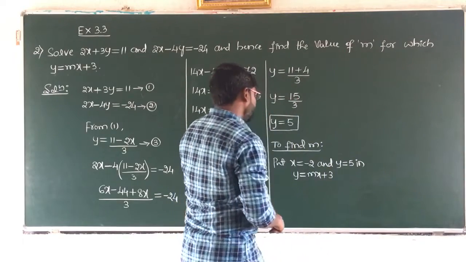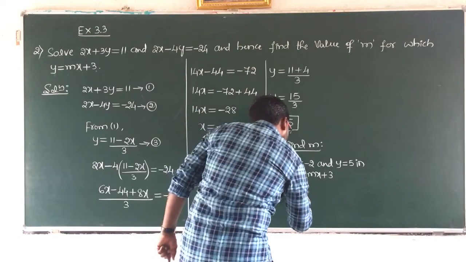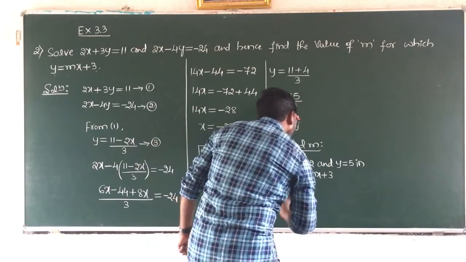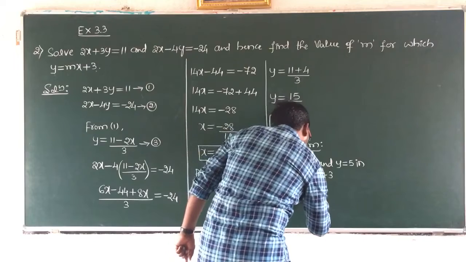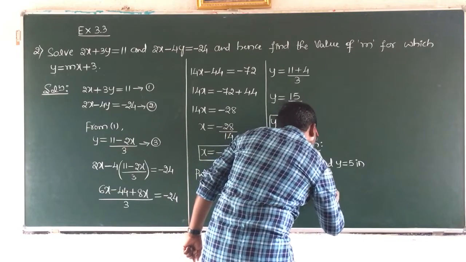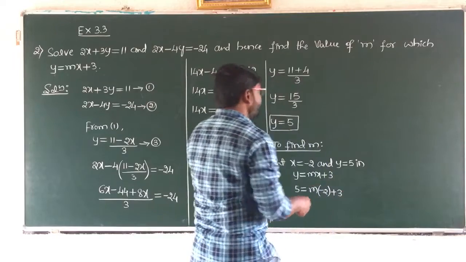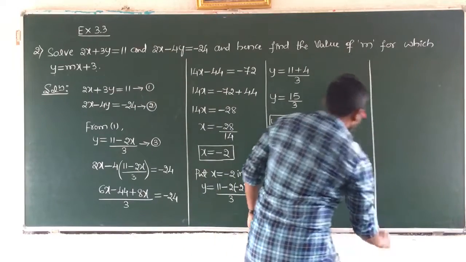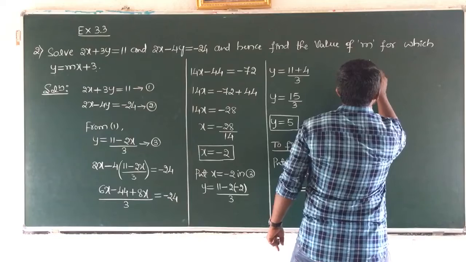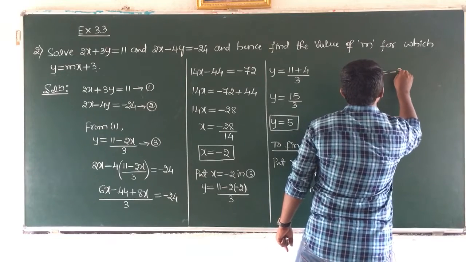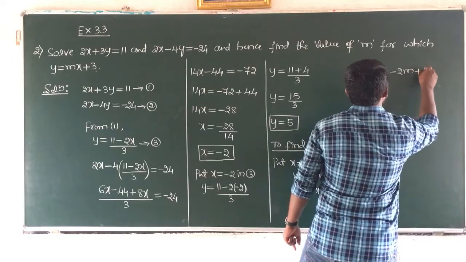So now see here, in place of y I write 5, which is equal to m into minus 2 plus 3. So now let's simplify this further. So we get 5 is equal to minus 2m plus 3.